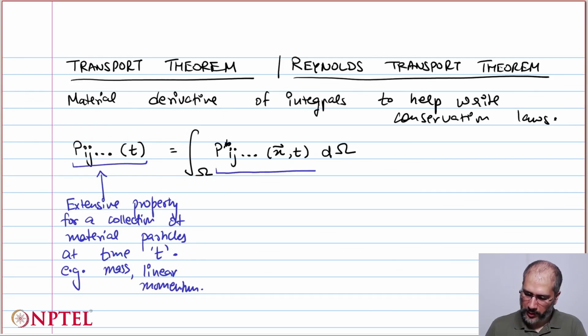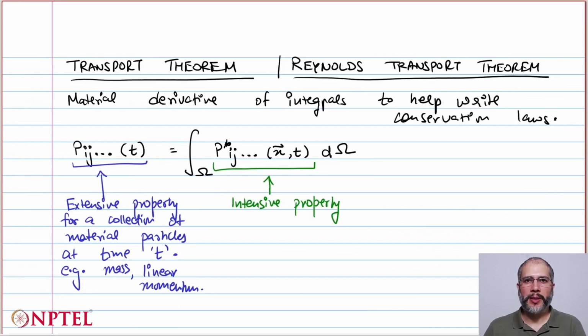And this corresponding quantity P star, which is also a tensor of the same order as P, but it depends on the spatial coordinates as well. So this tells us that this quantity is not dependent on the amount of material because it is defined for each spatial point small x, and therefore it is called an intensive property.